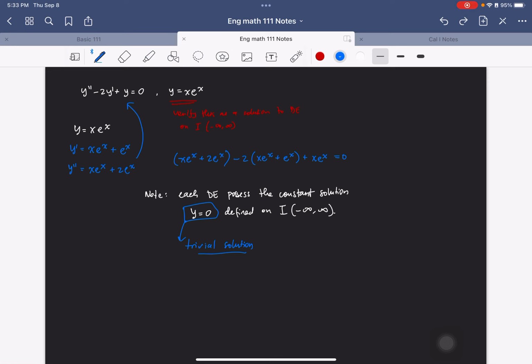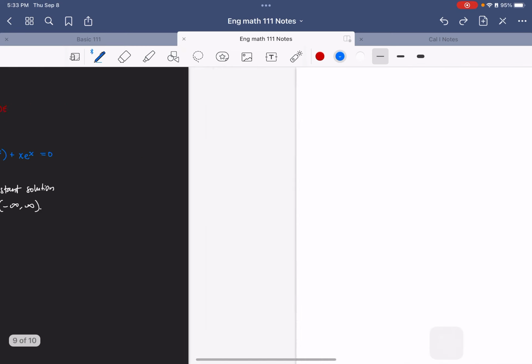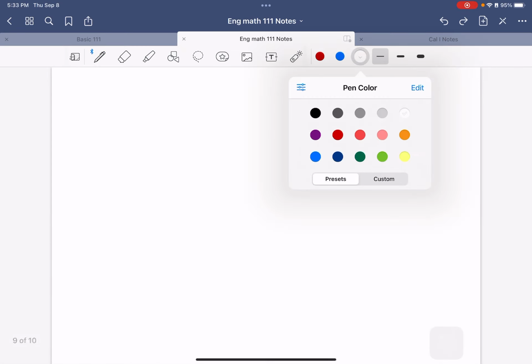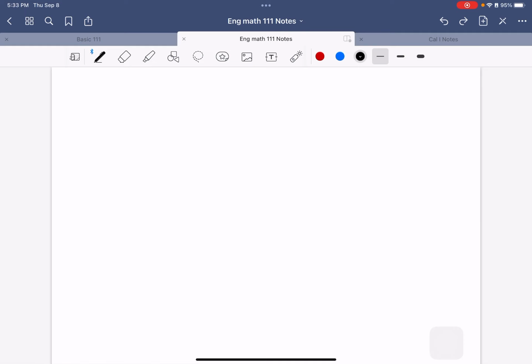Okay. Now let me go through the next aspect for this class for today, which is the solution curve. Okay.